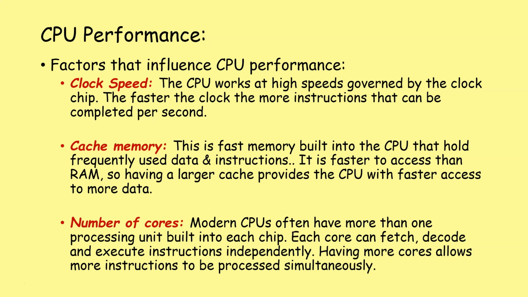It is faster to access than RAM, so having a larger cache provides the CPU with faster access to more data. Number of cores. Modern CPUs often have more than one processing unit built into each chip. Each core can fetch, decode, and execute instructions independently. Having more cores allows more instructions to be processed simultaneously.